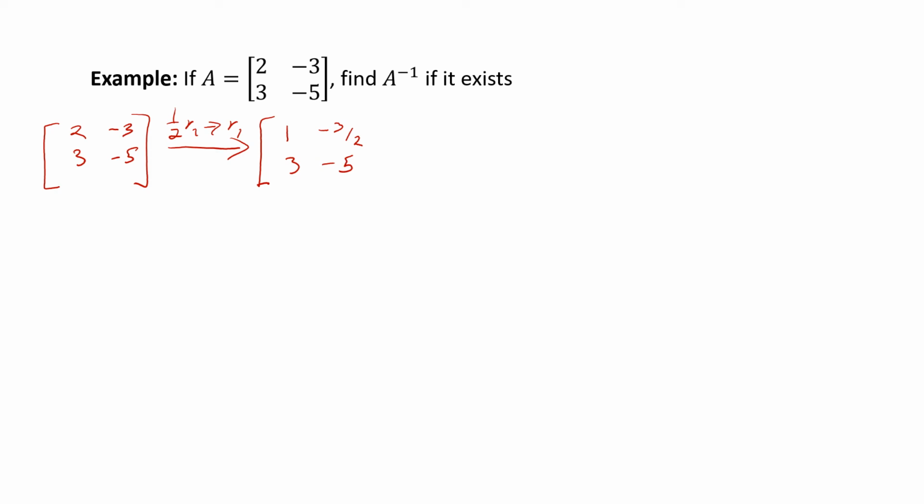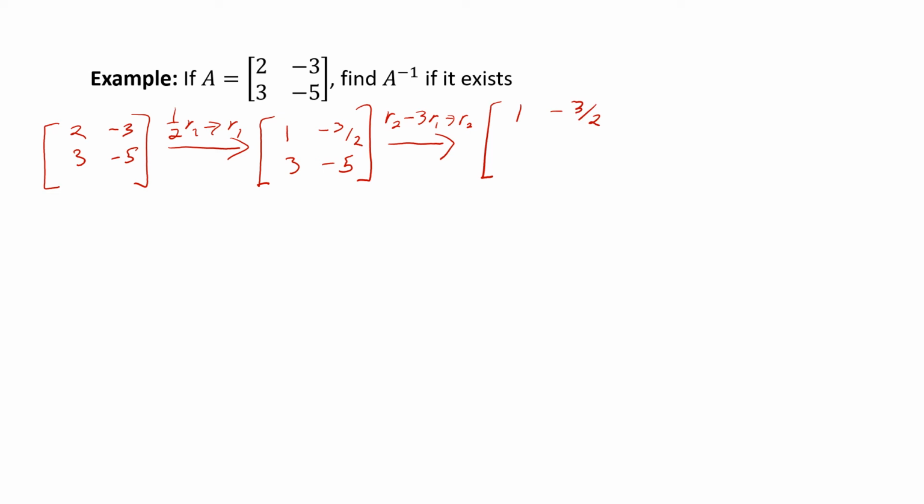Gives us that matrix. Now let's get rid of the number in column 1. So let's take row 2 minus 3 times row 1 is the new row 2. We get 1, negative 3 over 2.